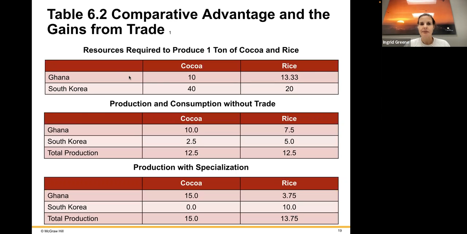So we see here initially the resources required to produce 1 ton of cocoa and rice.